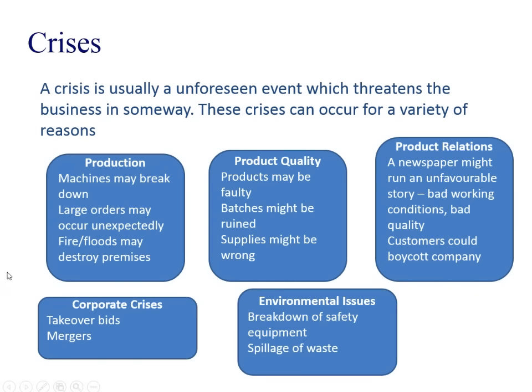But recently we've seen crises that happen with, I suppose, transportation. There was going to be a train strike a few weeks ago, but they called it off. But had there been a train strike, lots of businesses might have needed a contingency plan to deal with it.